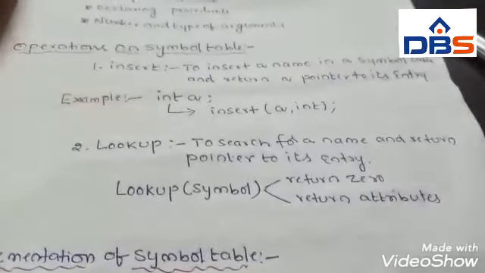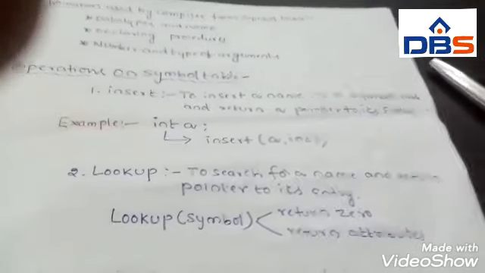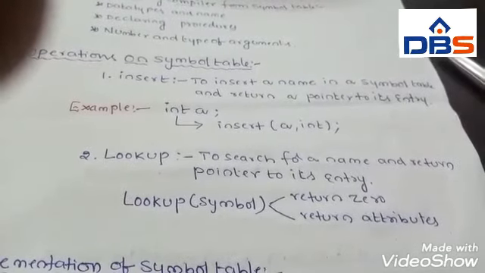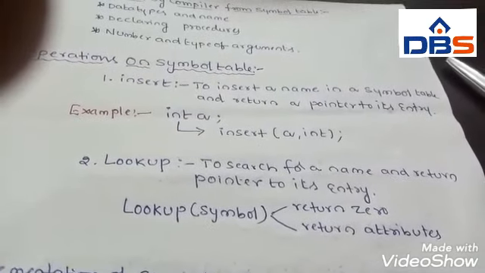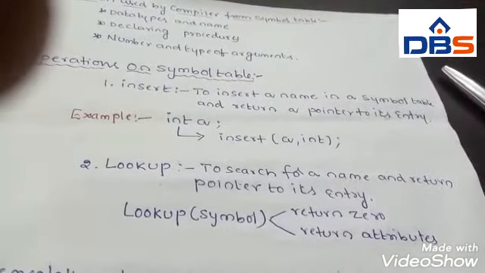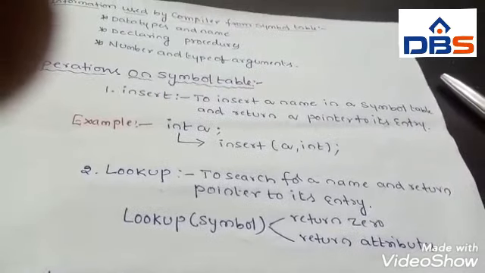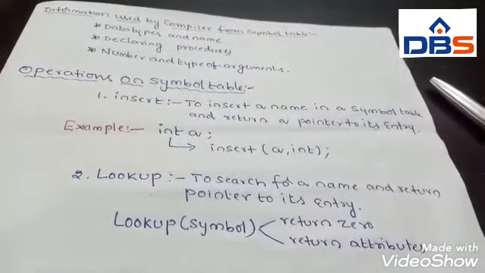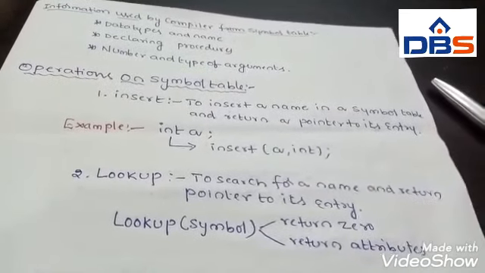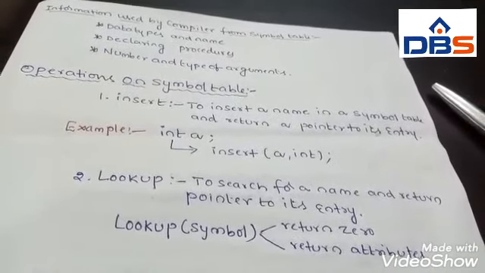Coming to more operations, next one is allocate. Allocate is also one of the operations. To allocate a new empty symbol table, we use the allocate operation. Next one is the free operation. Free means to remove all entries and free the storage of the symbol table.